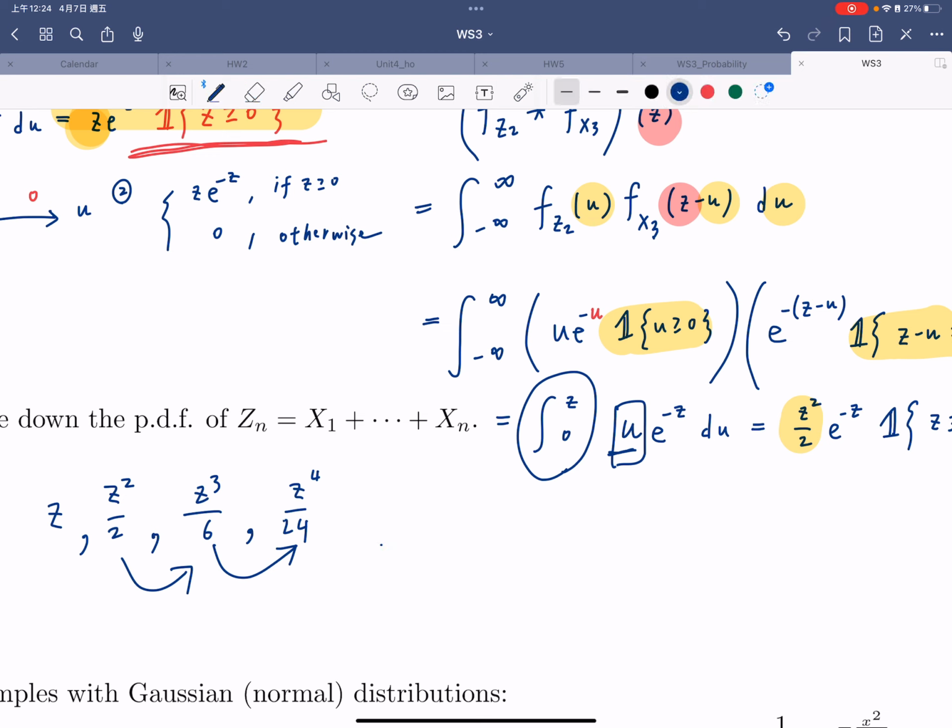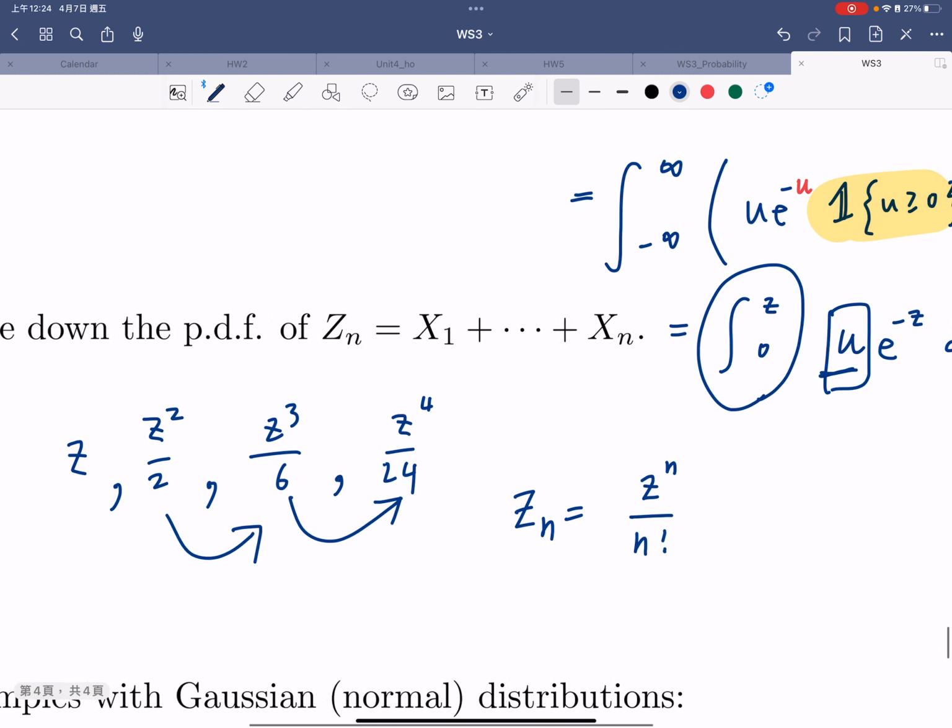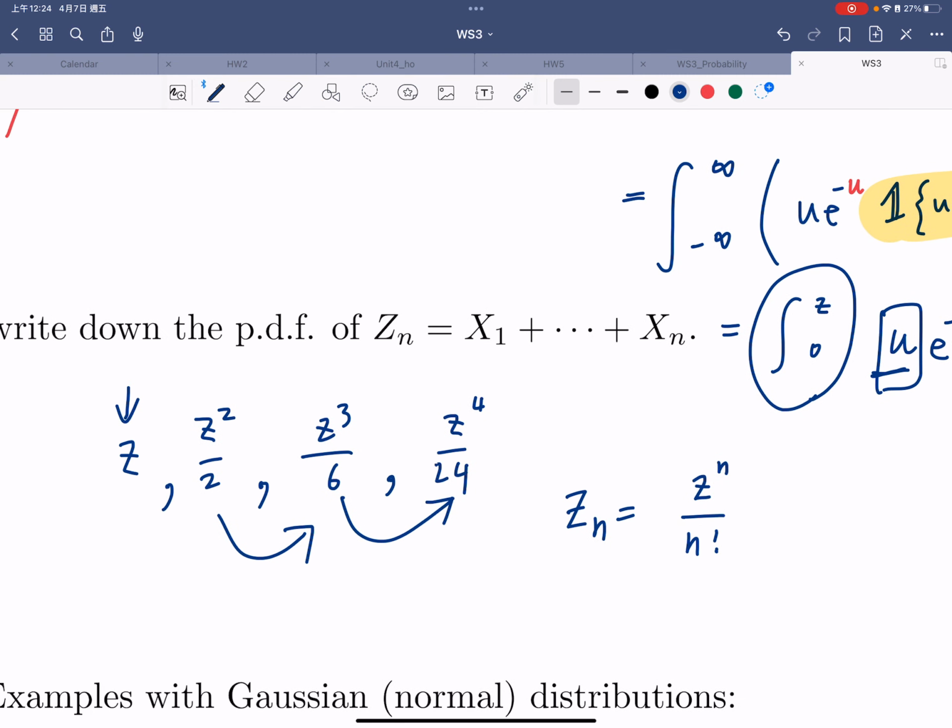So finally, the n-th one will be a polynomial of z to the power of m. However, you see that these z are x1 plus x2 already. So you have Z2 equals this guy.